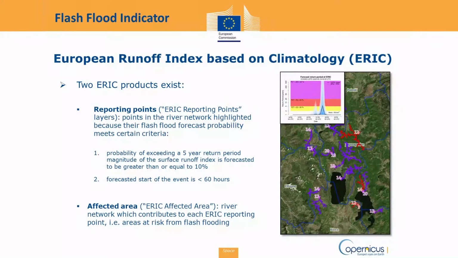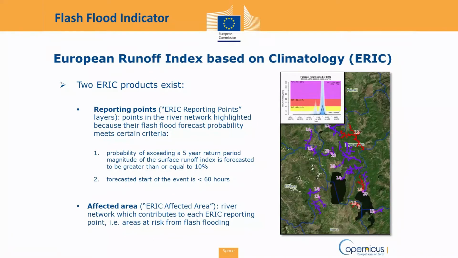The first criterion is that the probability of exceeding a 5-year return period is greater than or equal to 10%. And that's important to remember because in this case there are 20 meteorological forecasts or ensembles, so that means that approximately 2 members are exceeding the 5-year return period.